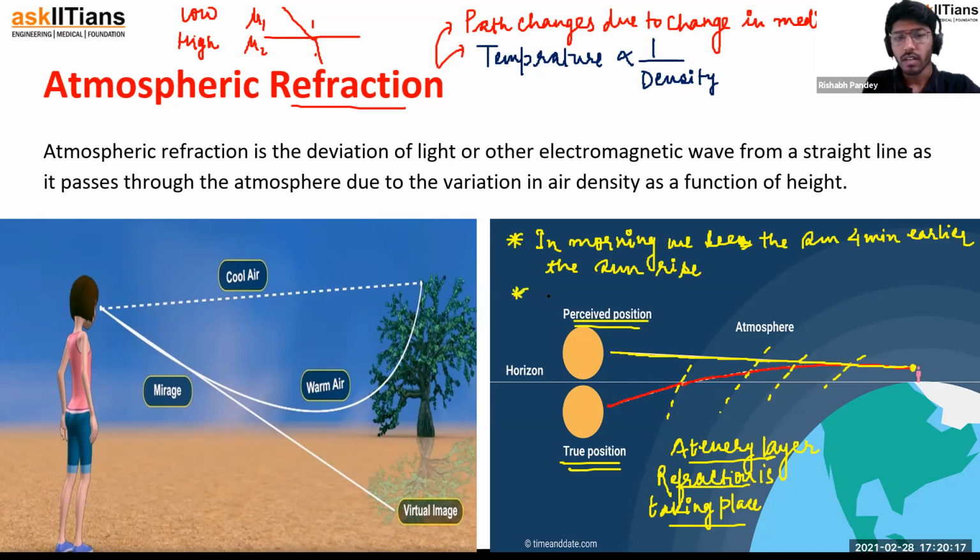Similarly, in the evening time, at sunset, we see the sun 4 minutes even after sunset.